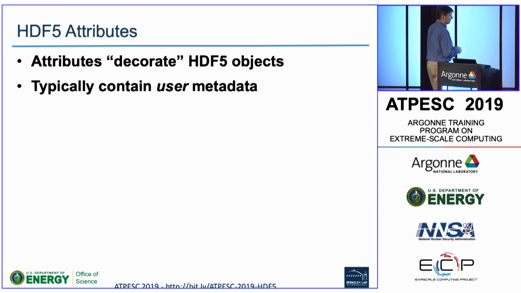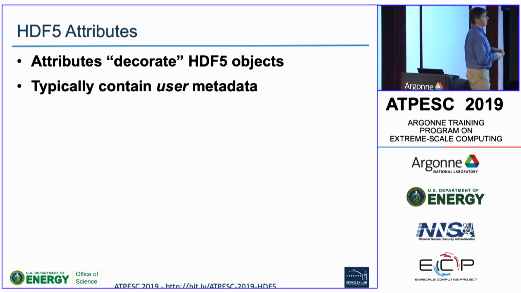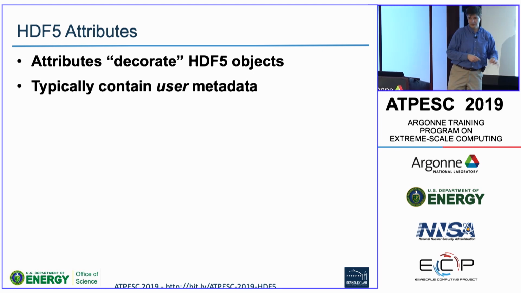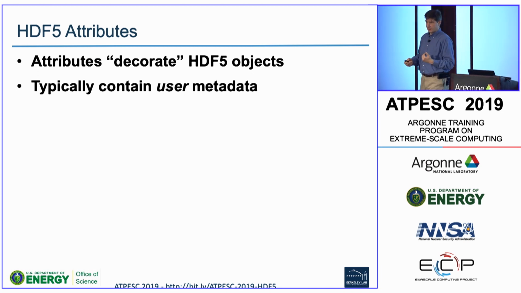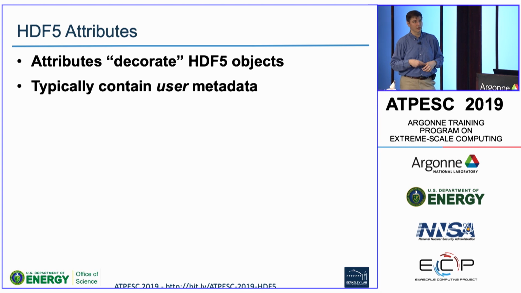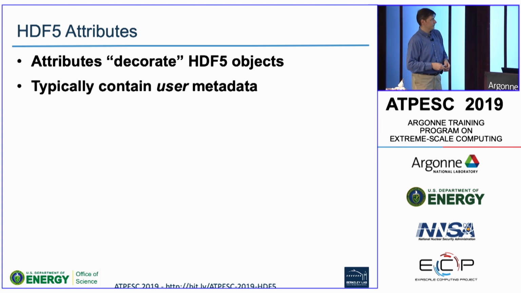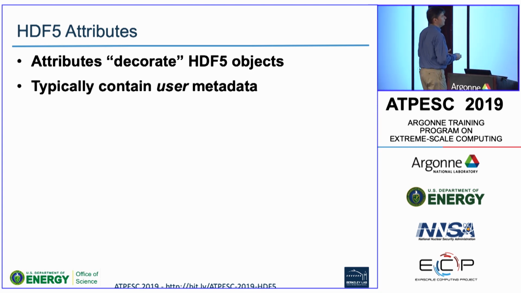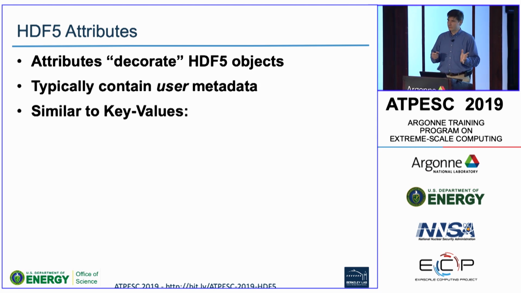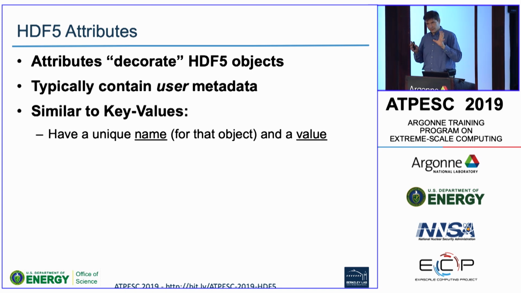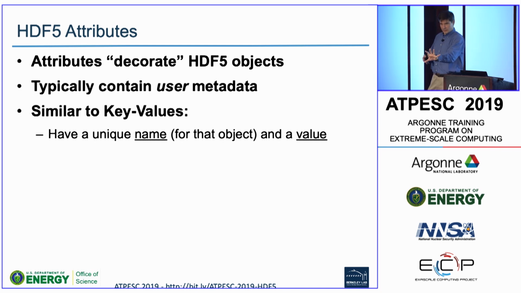All right, so the next piece of the data model. We've talked about data sets, now these are attributes. Attributes are user-generated metadata that decorate or are additions to an existing HDF5 object. So they're very similar to key values in a loose sense. They're not a key value store in the sense that you sometimes encounter, but all the attributes have a unique name that's local to that object.